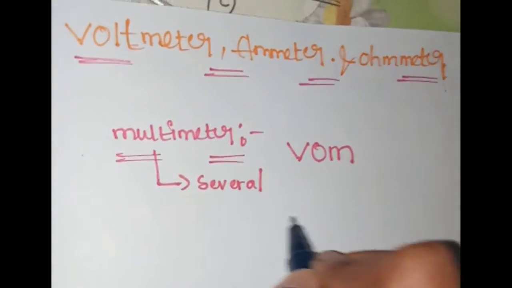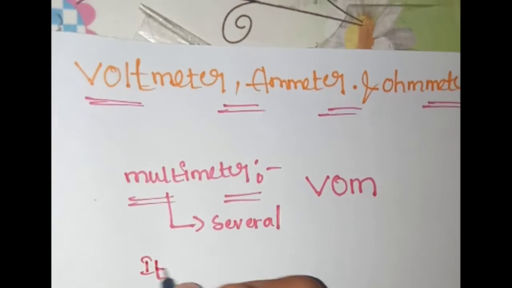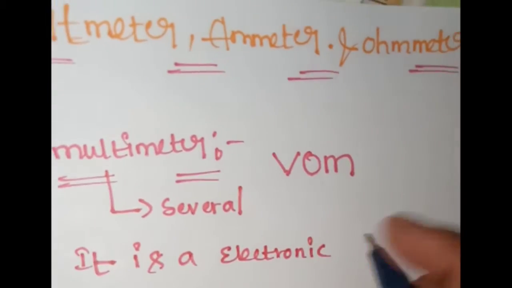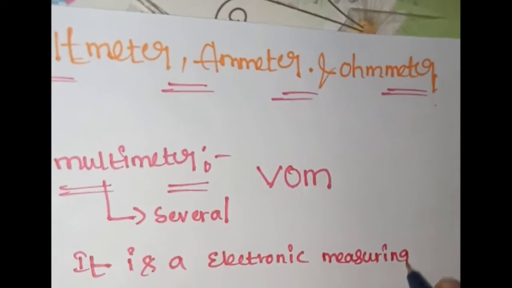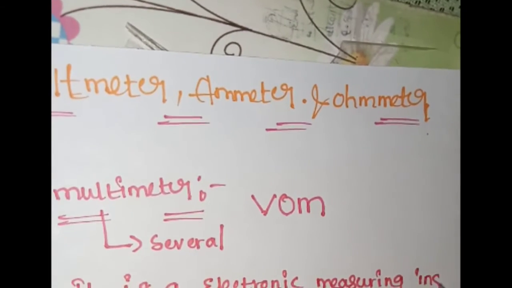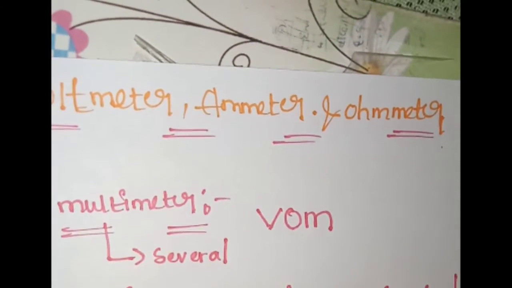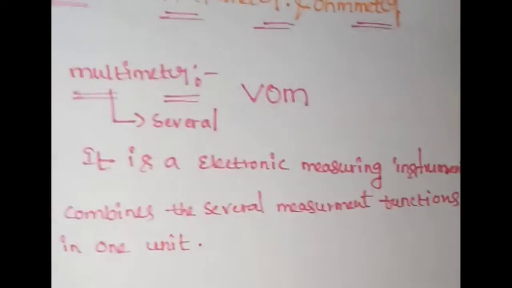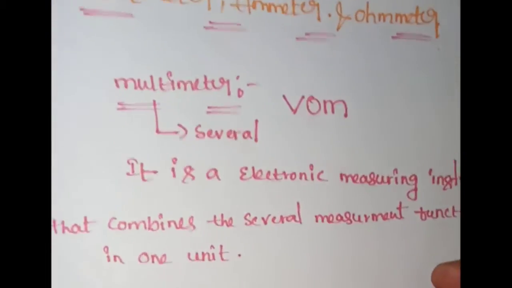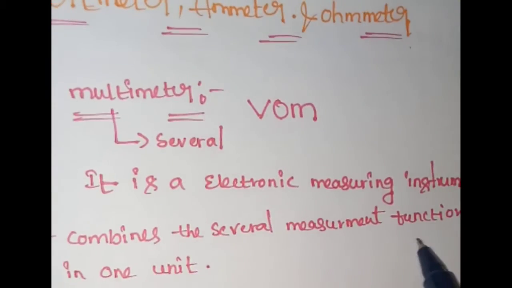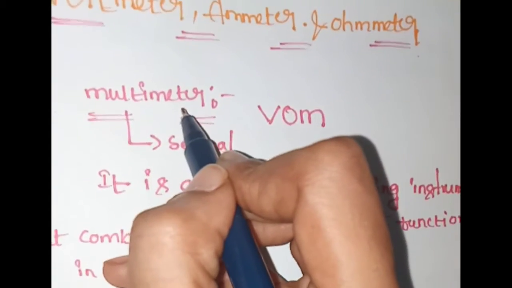I can write the definition here. See here, it is an electronic measuring instrument that combines several measurement functions in one unit, known as a multimeter.